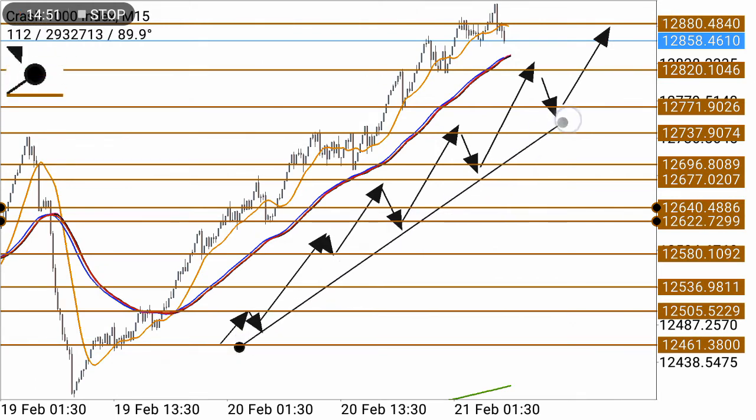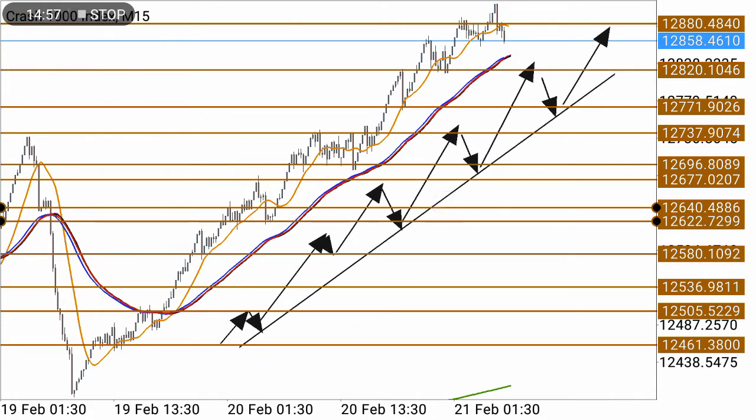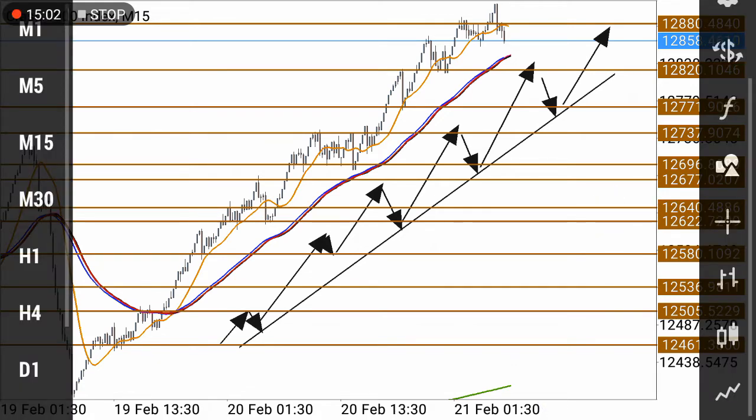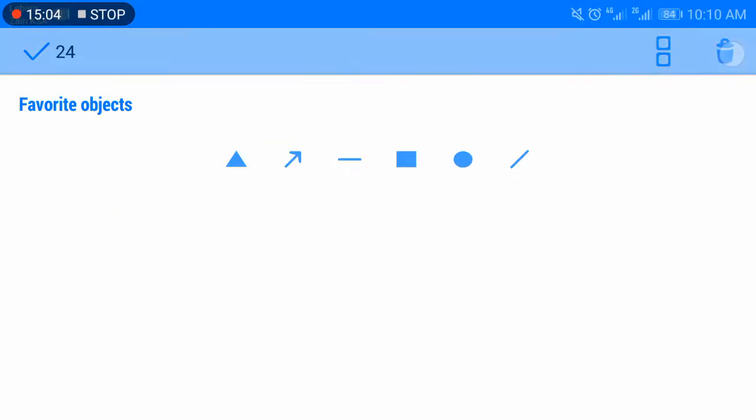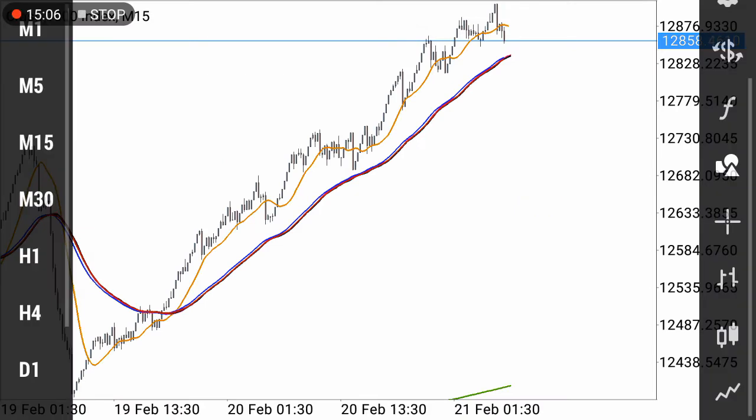And look here, draw your trend lines and see whether I was right or wrong. 3 touches, and look how things are working. Okay, delete this and move on.